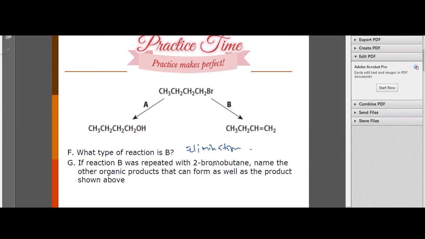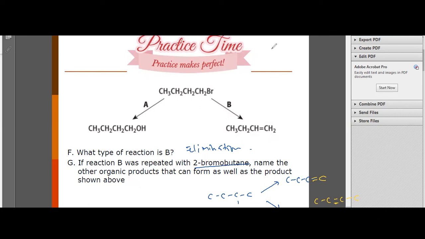If reaction B was repeated using 2-bromobutane, name the organic products that can form. It can form butene. You know that butene consists of cis and trans isomers. So there are 3 types of products that will be formed if you use 2-bromobutane.